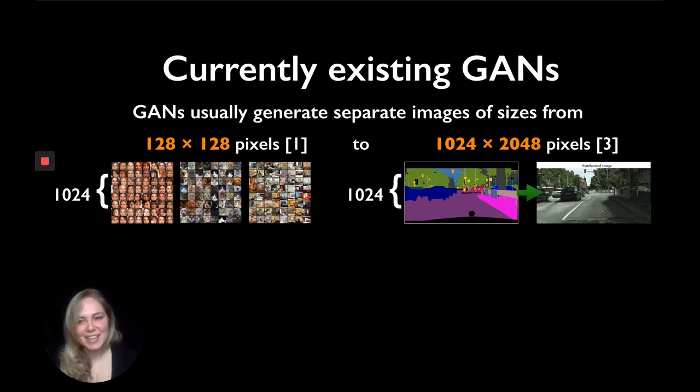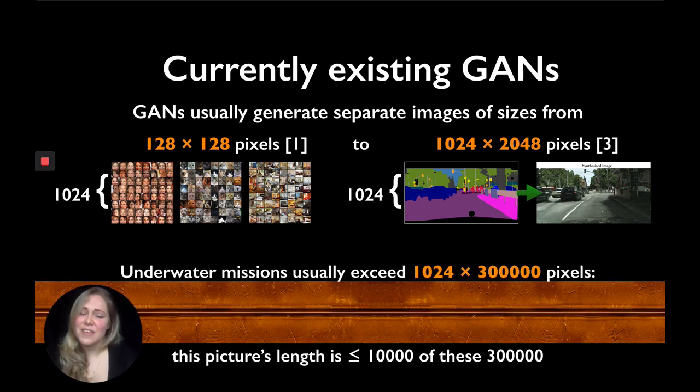Now, the sonar data are more like 1000 by 300,000 pixels, and that's for a short 2-hour mission. Longer missions can run 14 hours and over. And we need all of this data in one piece because that's what the real data look like, continuous and smooth. So piecewise generation is not necessarily an option.